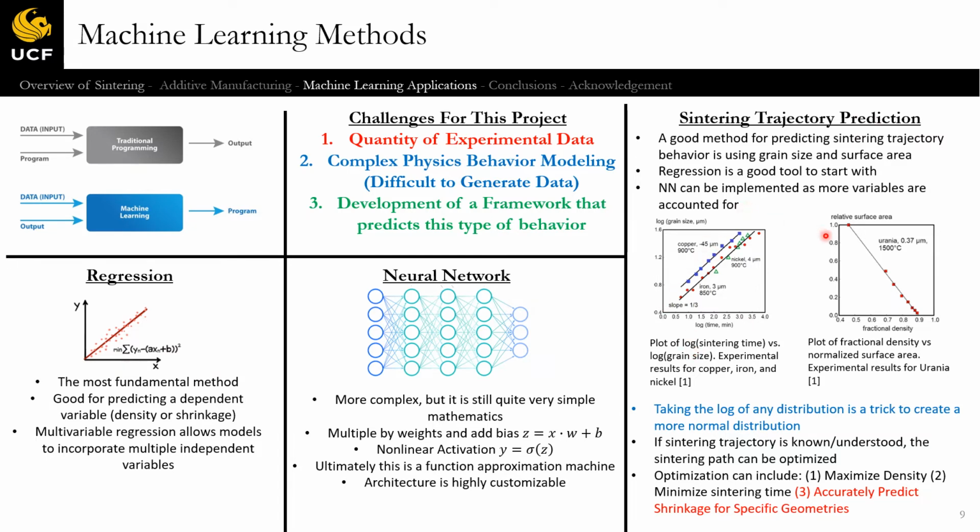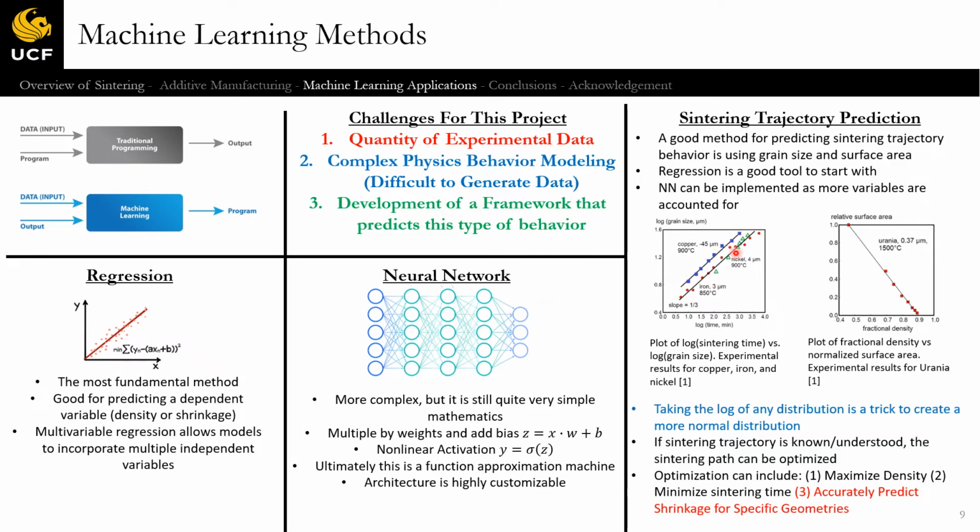We can see two examples of that, two graphs showing different materials illustrating the sintering trajectory, where we have grain size on the y-axis and sintering time on the x-axis, and we can see a linear relationship.